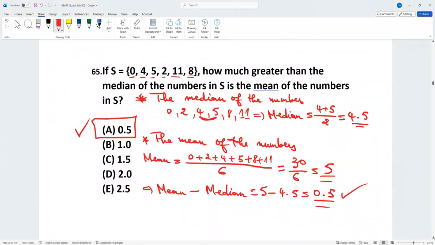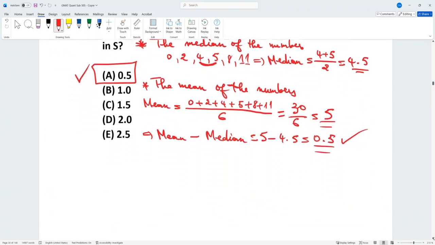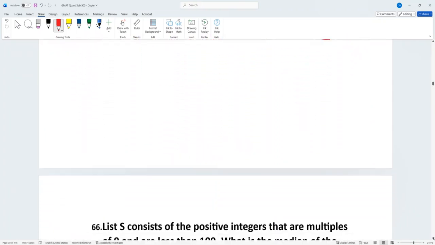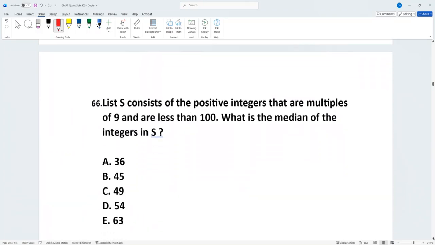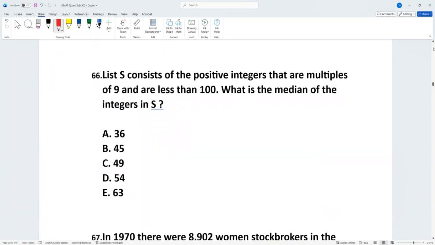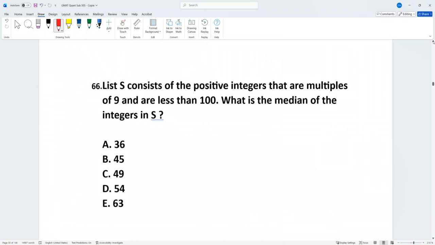Okay, moving on to the next question, 66. So here it says list S consists of the positive integers that are multiples of 9 and are less than 100.